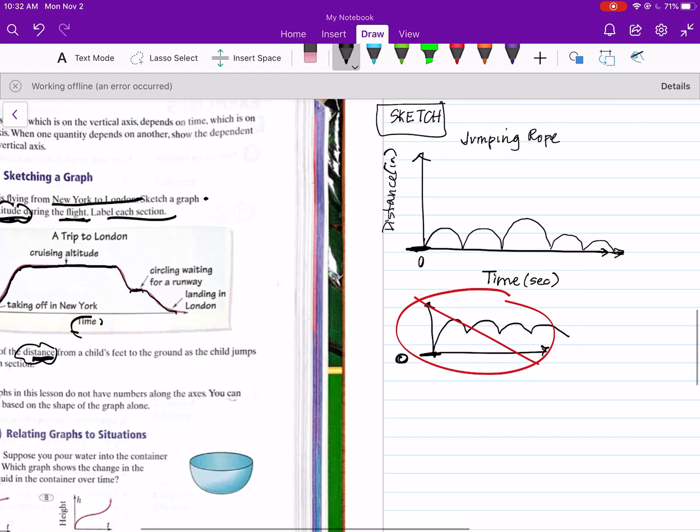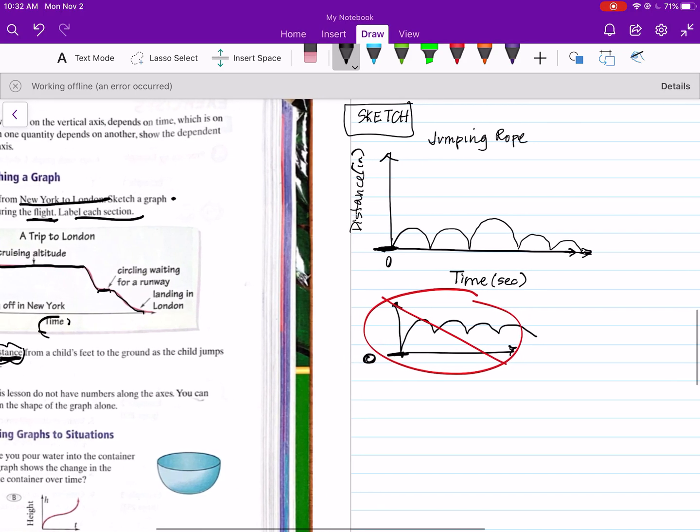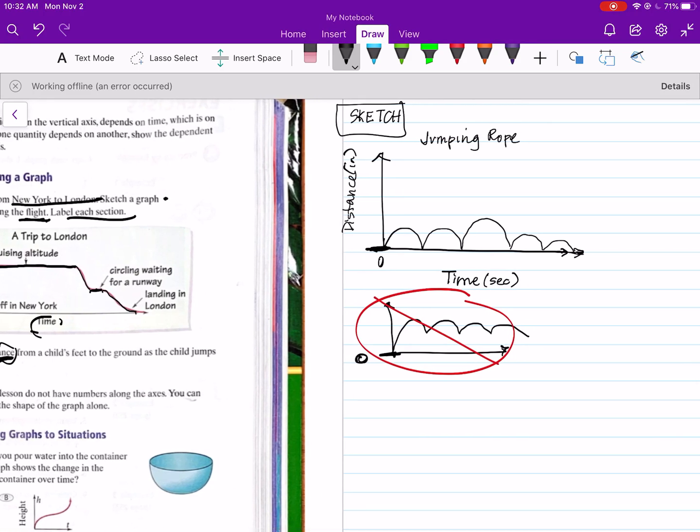So now we have that. We've actually sketched the graph. And now we have to label what's going on. And again, just like I did before, I'm going to label with letters. And I'm going to do something here. Instead of doing each one separately, I'm going to call these all A because they all mean the same thing. And A would actually be what? What's happening? They're jumping up.